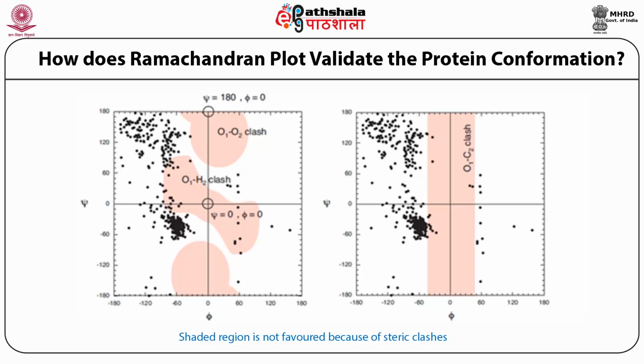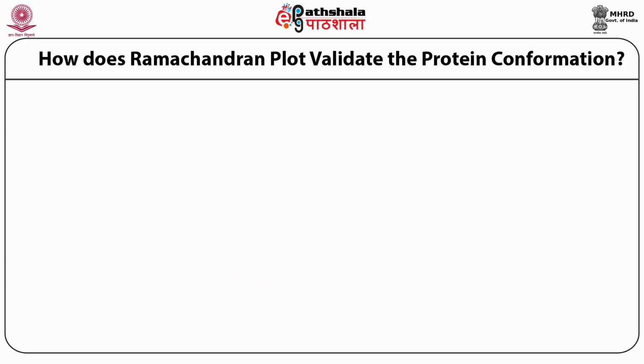In the second diagram, the shaded region explains O1, C2 clash. So mainly the shaded areas are not allowed because of steric clashes. They are unfavorable because of energy reasons. Here there is another situation where we set psi equal to 0 and then we vary phi.